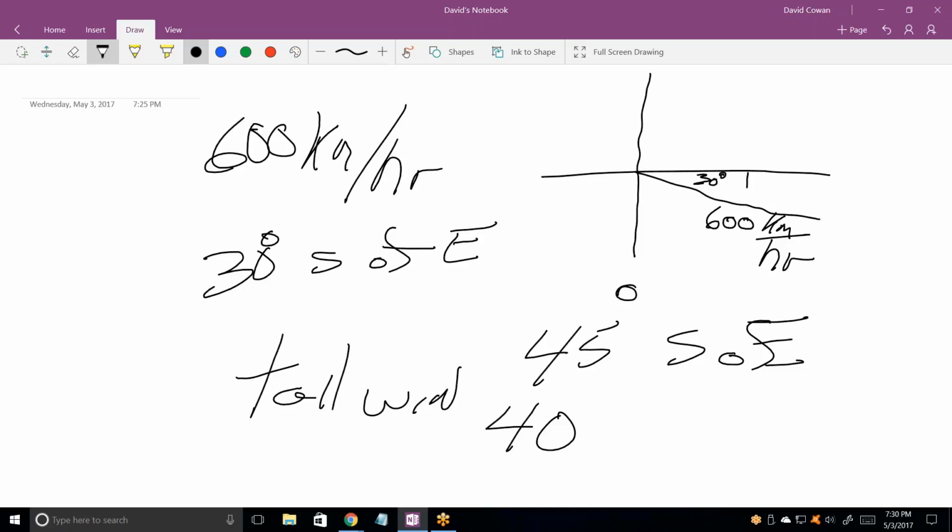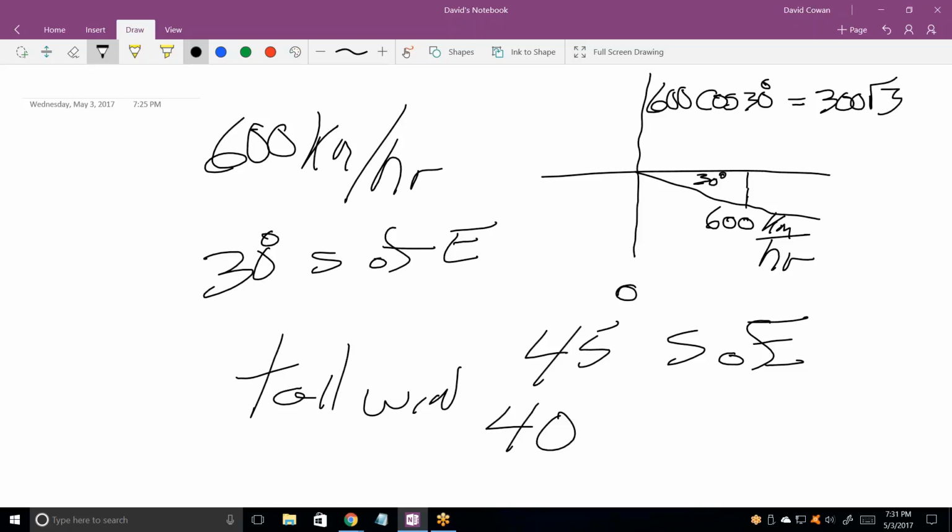And what's useful to know here is that it's easy to figure out the horizontal and the vertical components of this vector. The horizontal component is the cosine of 30 degrees times 600. Right. So that's square root of 3 over 2. So that's 300 root 3.